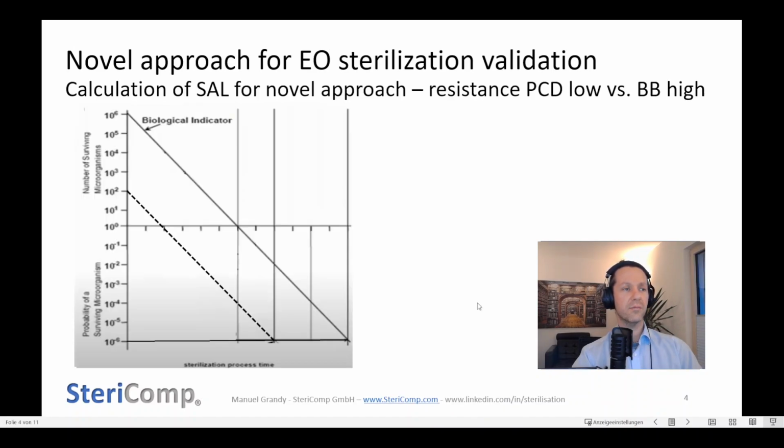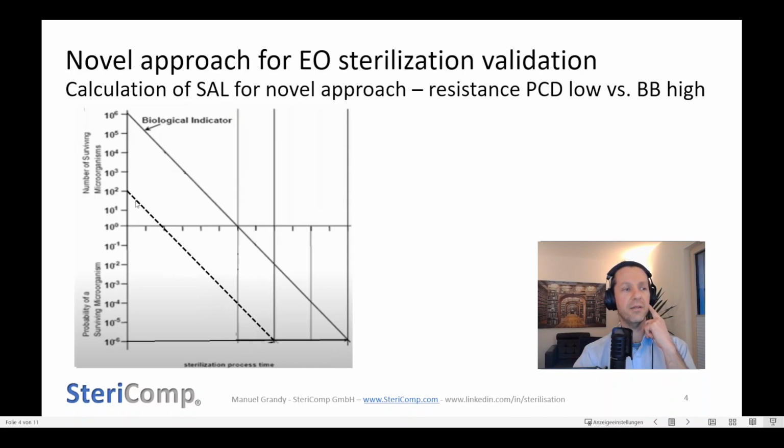So let us start with an example where this novel approach actually works. Okay, so it's doing what it should do, and I guess what it was intended to do. The scenario is again this highly challenging device, which has a 12 hours dwell time for a 12 spore log reduction if you use the BI at the most challenging location.